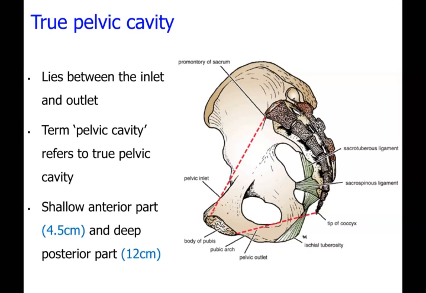Then the other point is the true pelvic cavity. As you can see here, it is shallow in front and very deep behind. So if you go by centimeters, about 4 centimeters depth in front and about 12 centimeters, almost 3 times the depth, at the back.